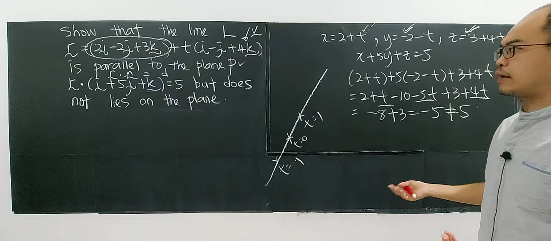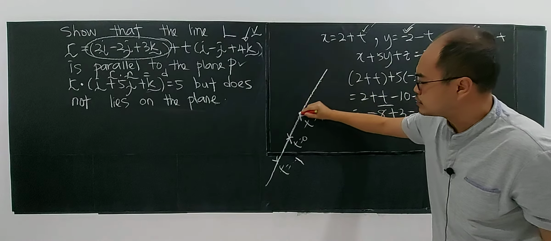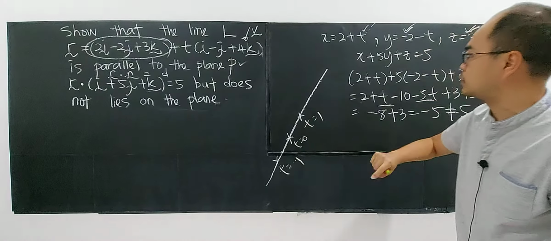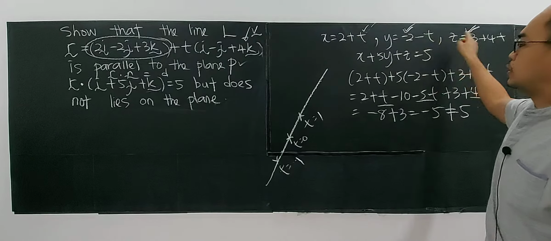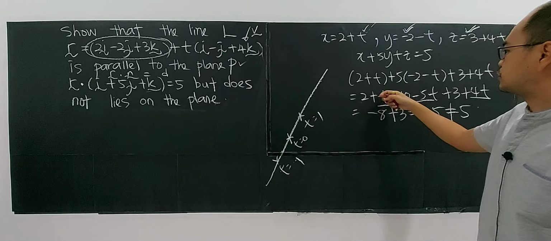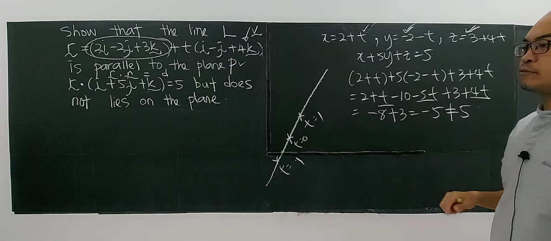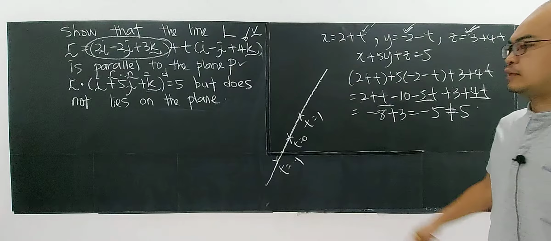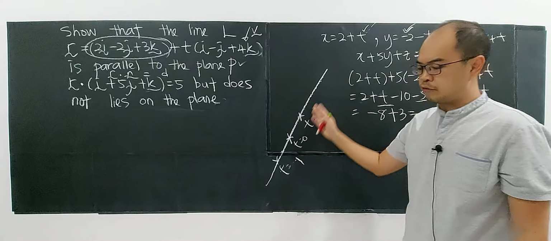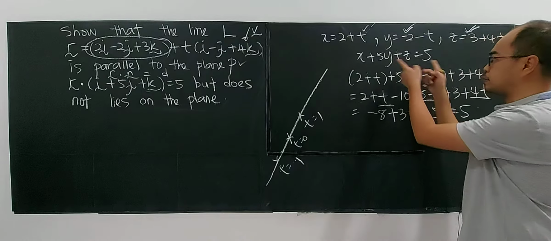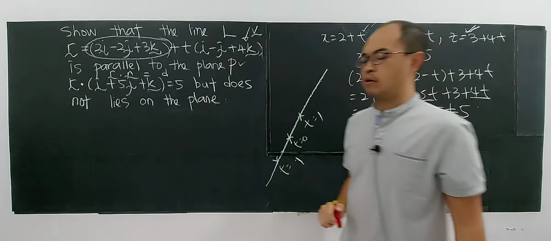This has already shown that every single point on the line, with different values of t, this is general, you substitute, you're getting -5, meaning that none of the points is on the plane, right?